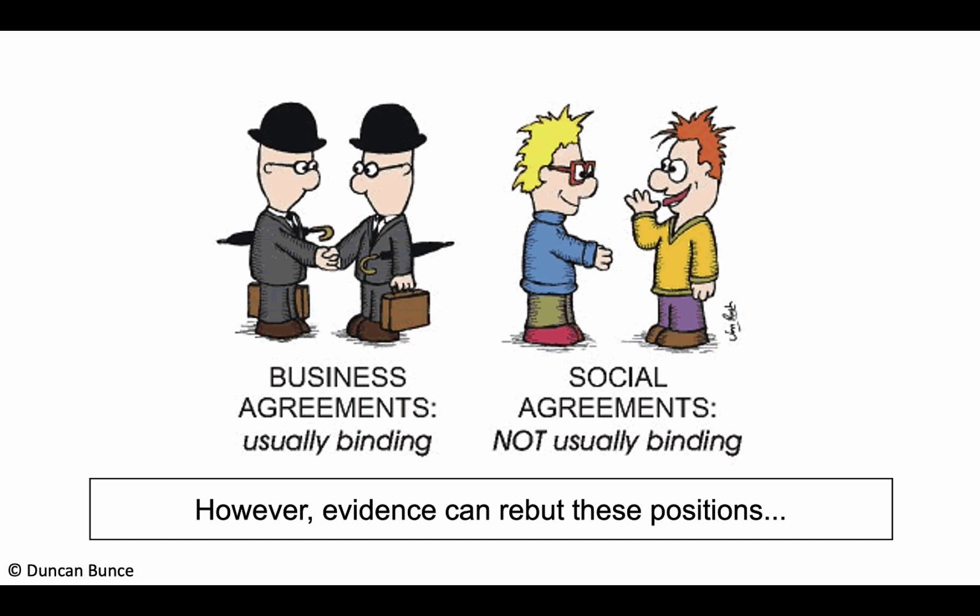Well, you could say, for example, if the agreement were written down, if it were dealt with in a more formal way, and perhaps there was a signature, that might be evidence that could reverse that. Perhaps if there were a great deal of money involved, that again would be something that could reverse that situation. And then obviously the opposite for business. The starting point is it will be binding, but evidence could reverse that.